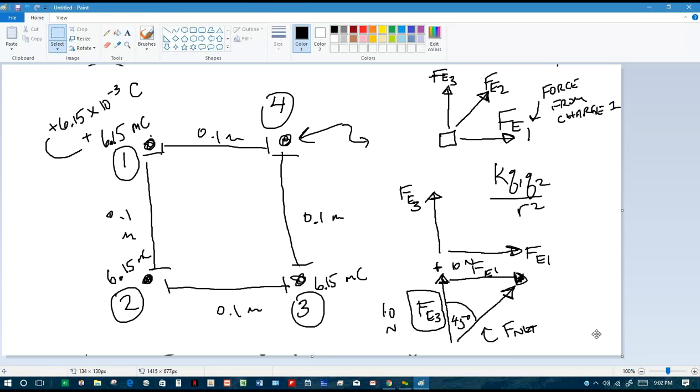To find F net, you could use Pythagorean theorem, couldn't you? Yep. If it was 10 up and 10 to the right, then this would be equal to the square root of 10 squared plus 10 squared. You'll have to work out what those values are. It's not 10.